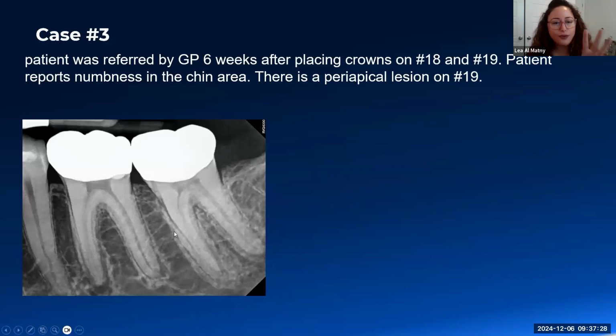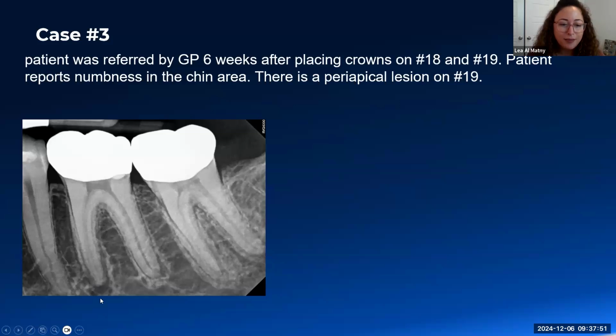If we look at this periapical x-ray, I got this case from the endodontist. After 6 weeks, the patient was referred to the endodontist, who took this periapical x-ray and the CBCT scan that I'm about to show. From this x-ray, we can see why the patient might have had pain.